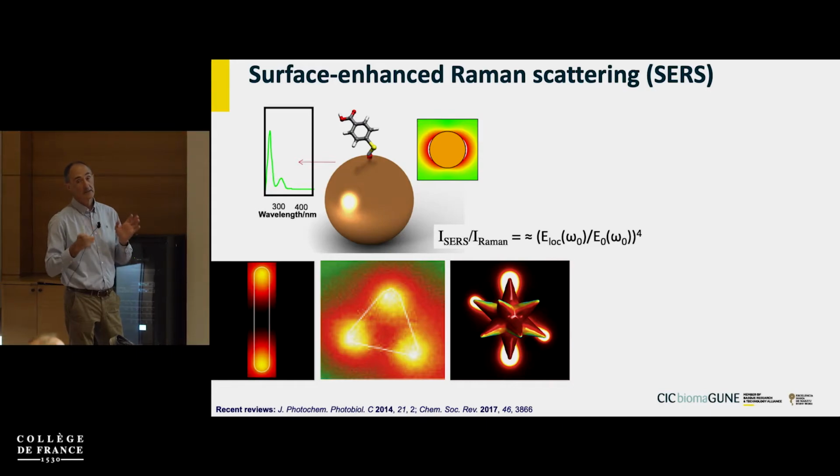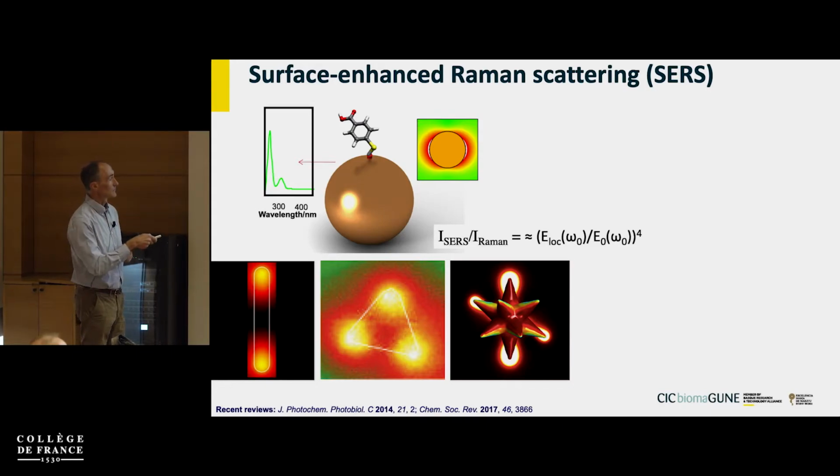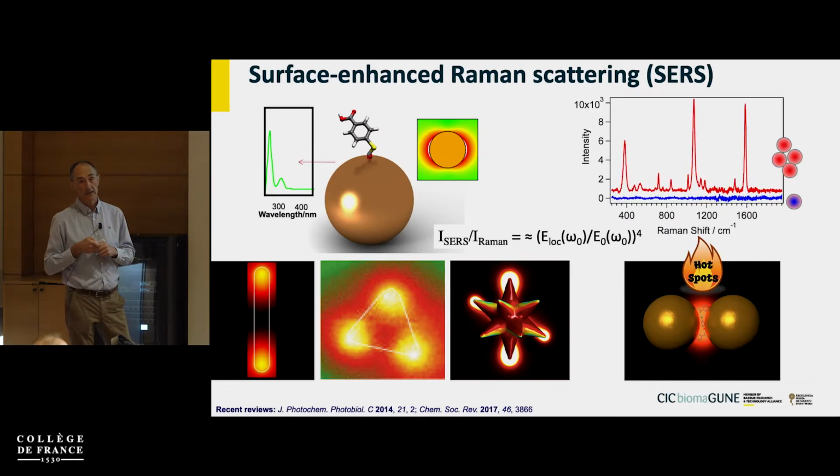The trick here is that in order to exploit these very high electric fields, you need the molecules to come exactly to the tips or exactly to the edges, because otherwise they will be in regions where the enhancement is almost negligible. Another way to do this is bringing particles close to each other, and then you have to bring the molecules to the gaps between the particles, because there new coupled plasmon modes would create a very large electric field, and then you would increase the signal.